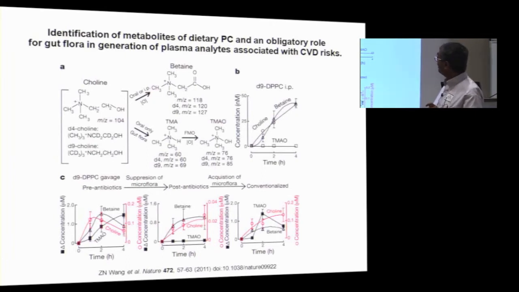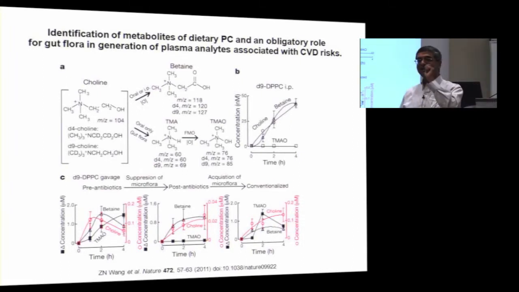If you give choline intraperitoneally, the only compound it forms is betaine. That is what is mentioned here. This is an animal model in which they gave labeled phosphatidylcholine IP, and you find that both choline and betaine are elevated, whereas TMAO is not. If they give it orally, choline, TMAO, and betaine are all elevated.